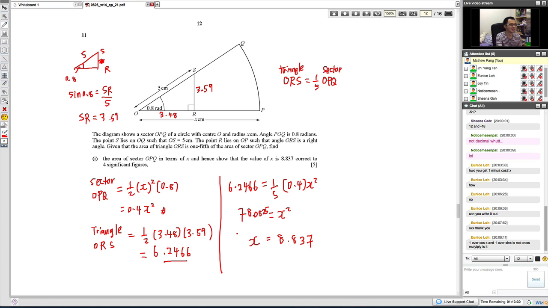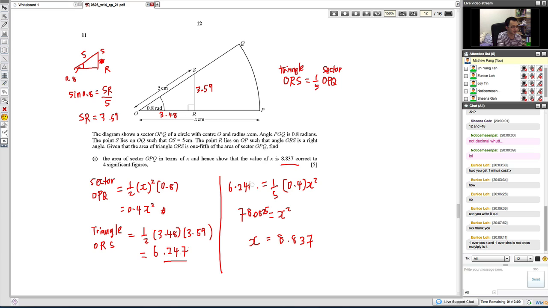Yeah, 3 decimal places will be the best in this case, because in order to get this answer, I will round off to 3 decimal places. This one I cannot get 7, I got 6, so I round off this one to 7. Then I will do the same thing for this also.